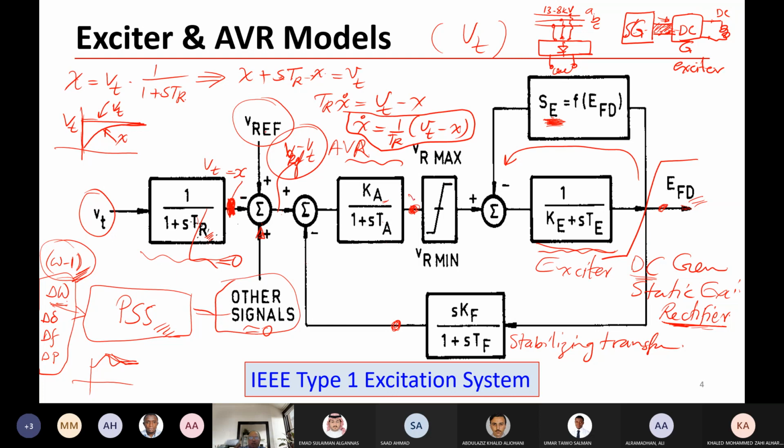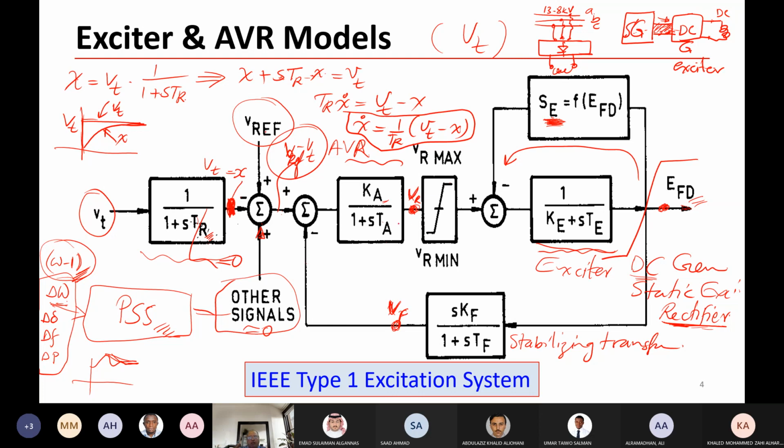Assuming this equal to X1, and this equal to X2, and this one is EFD. Let us call this VR, and this VF. So these are the signals here: VR, EFD, and VF.